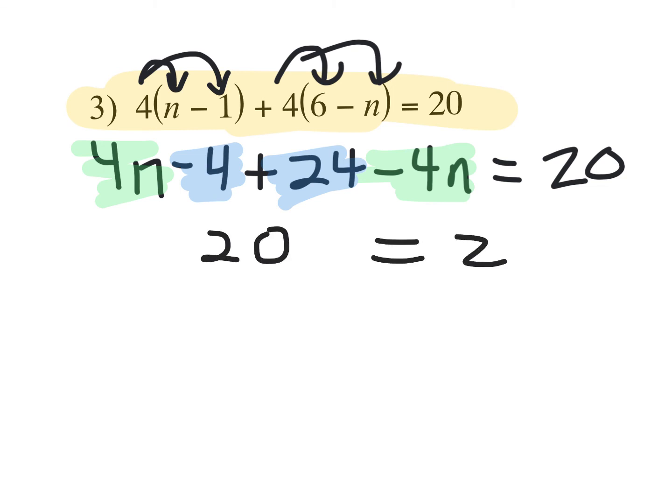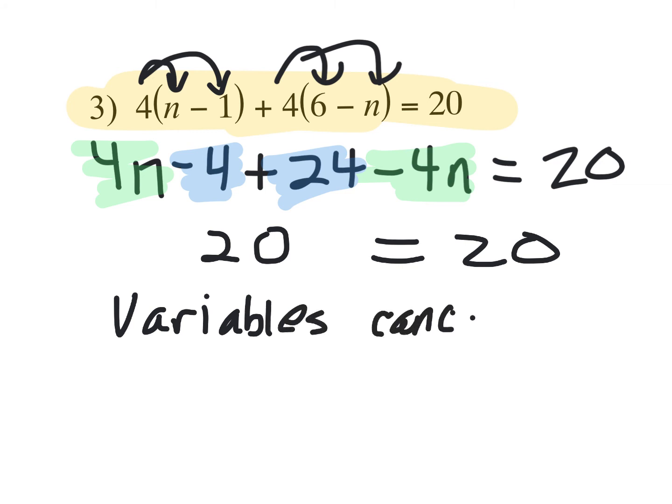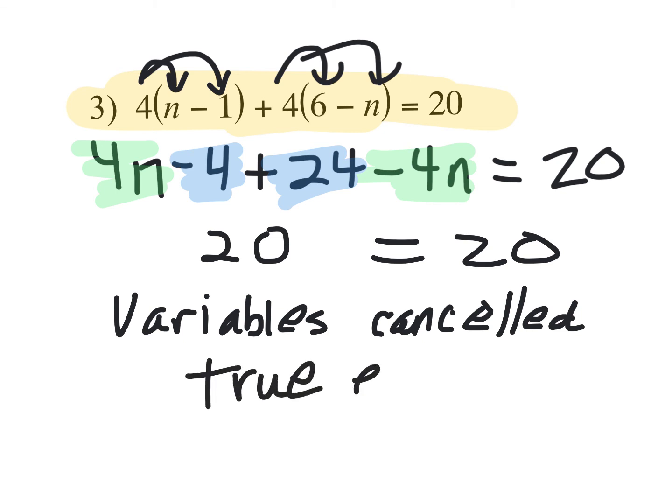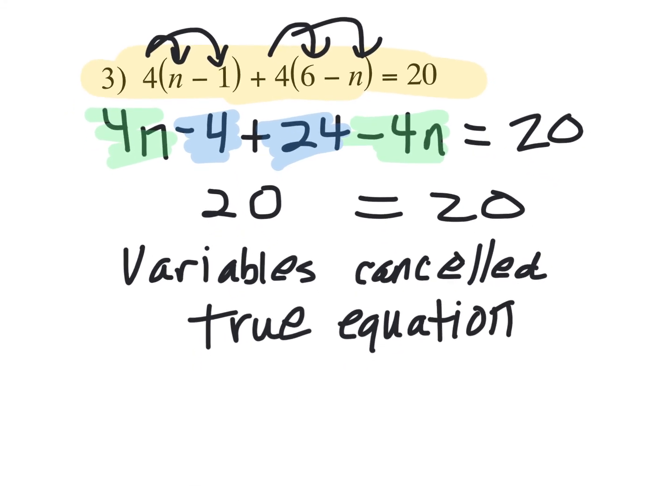Now I'm going to bring down the other side of the equation. Is 20 equal to 20? All day long, every day. So this time, your variables canceled, and it made a true equation. So it's not going to be no solution. It's the opposite of that.